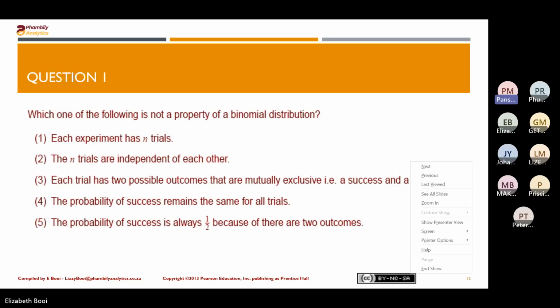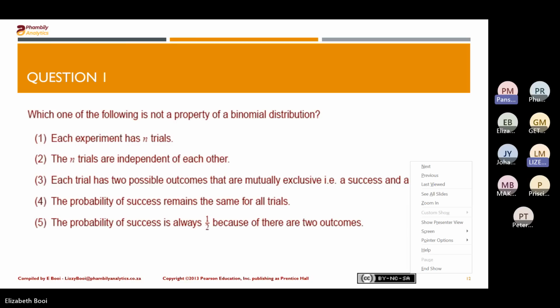It's option 5. Nope, it's not option 5. There are always 2 outcomes, a success and a failure, 1 divided by 2, because there are 2 outcomes. What else? Think about a coin and a die. Do they have the same outcome when it comes to success? No. So which one would that be?